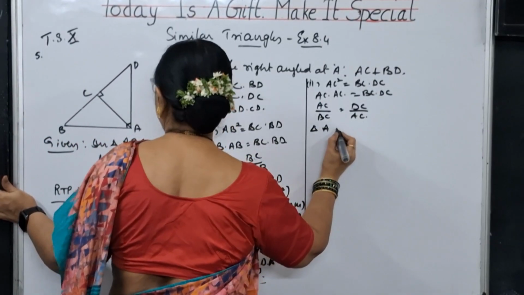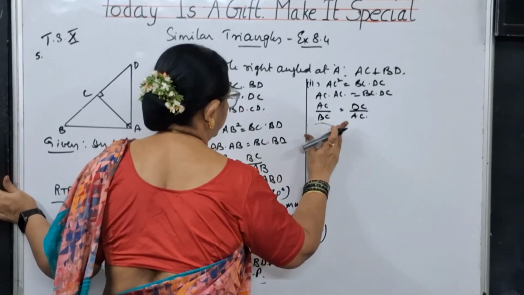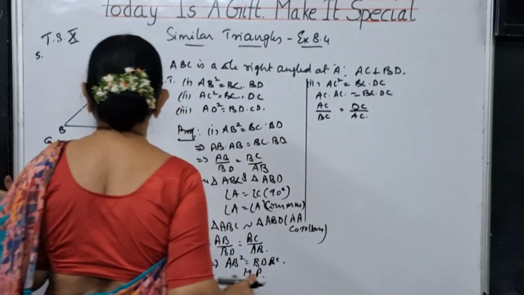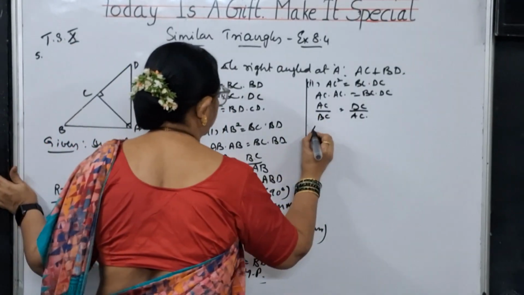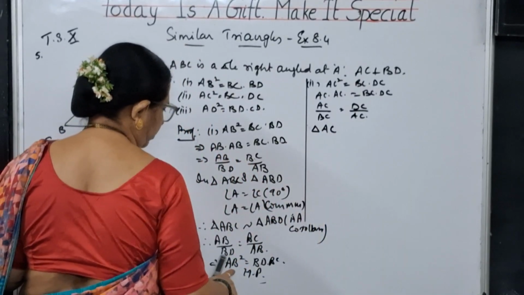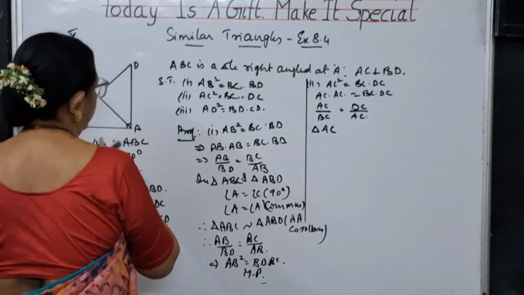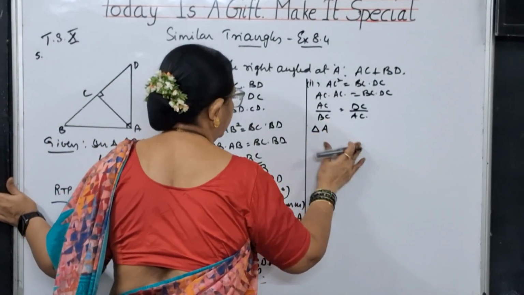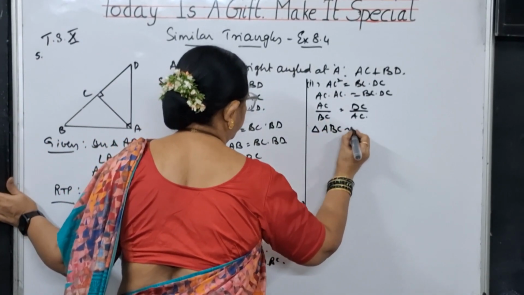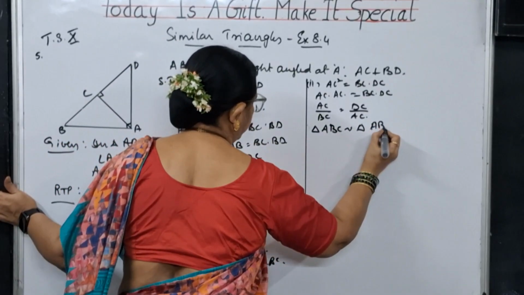You can prove it by taking triangles. We have done it here, children. Triangle ABC is similar to triangle ABD.